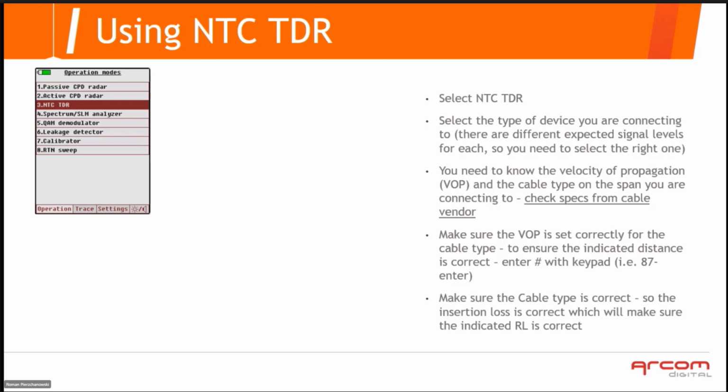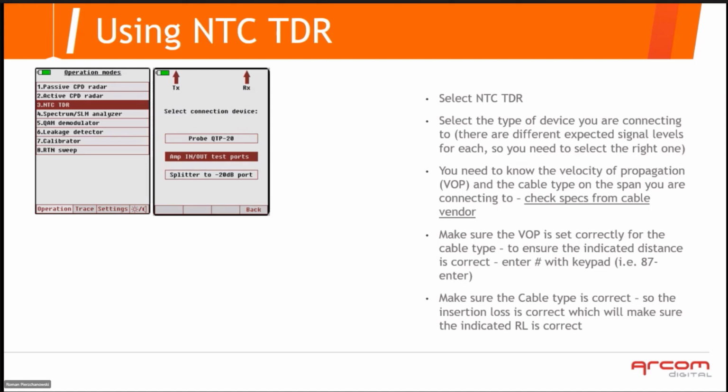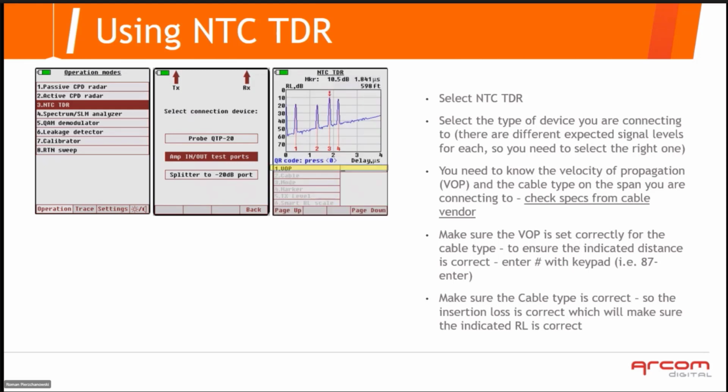Will be explained later why. So we select proper connectivity. We then get some measurement result already displayed, but we have to select proper velocity of propagation of the cables that are between these two amps.